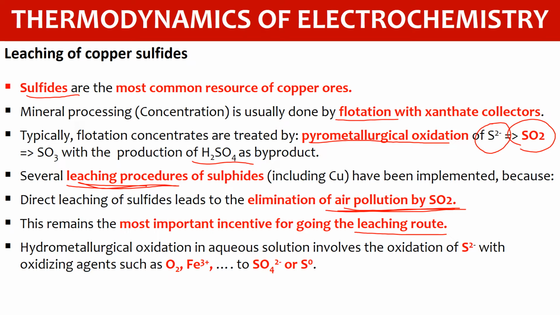Hydrometallurgy involves the oxidation of S2- with oxidizing agents such as oxygen and Fe3+, and you want to produce SO4 2-, the sulfate, or S0. That's the benefit of using hydrometallurgy. In pyrometallurgy, you are producing SO2 gas, which is really unwanted.